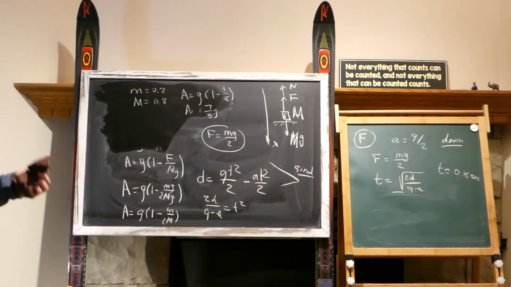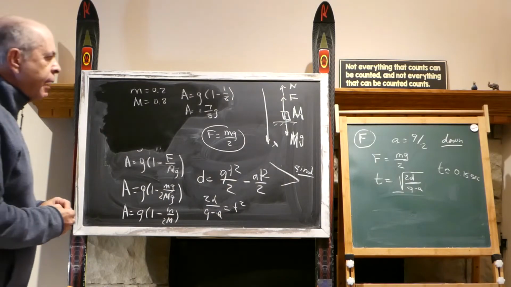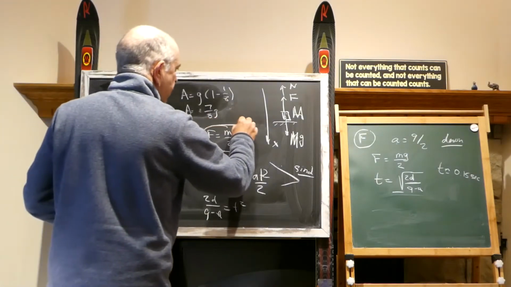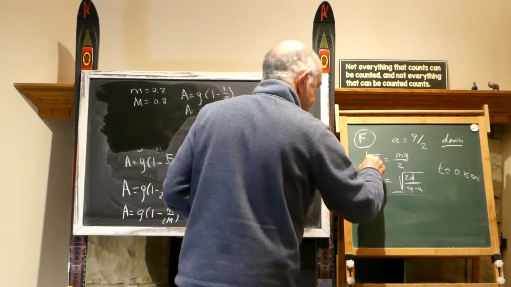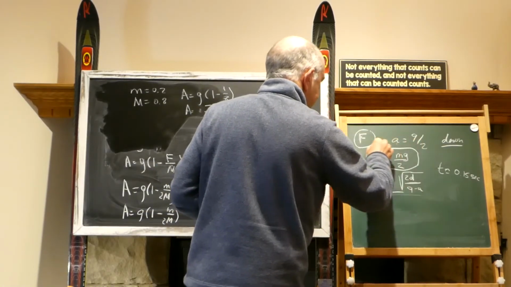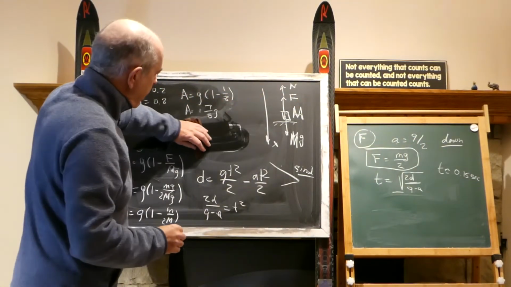So that's a very interesting result right there. If I'm using the same force, and this is the same force whether I'm moving down or up, so I wipe it out from here.